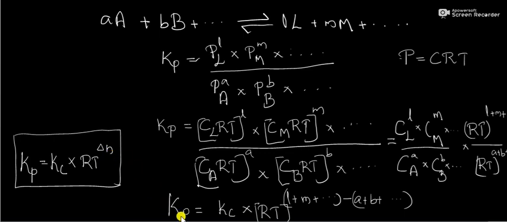So the relationship between Kp and Kc is Kp is equal to Kc into (RT) raised to delta n. Another important thing is, for a gaseous reaction, if delta n is equal to 0, then the value of Kp will be equal to that of Kc.